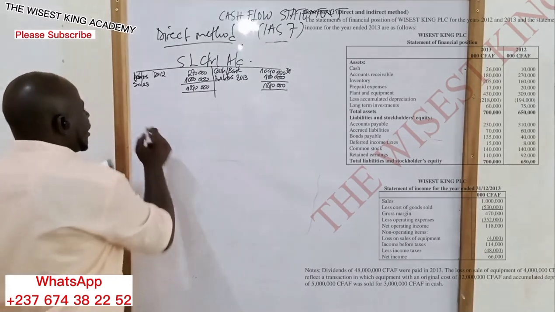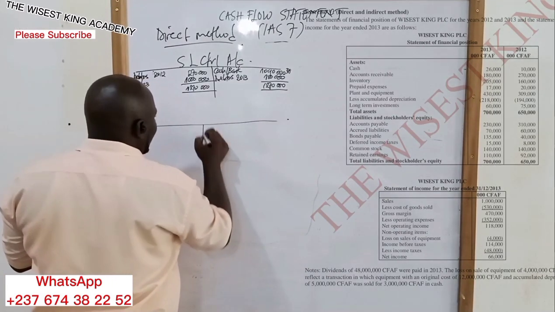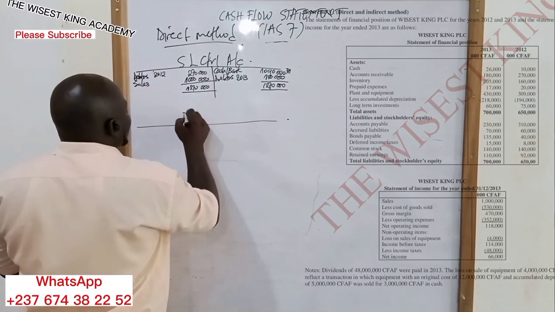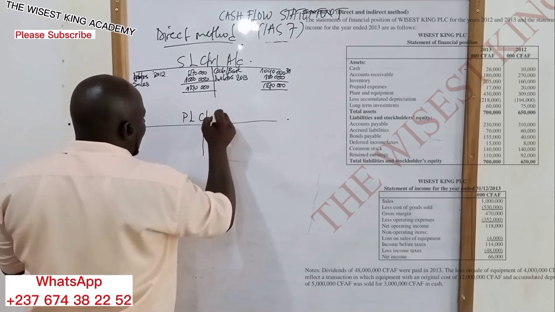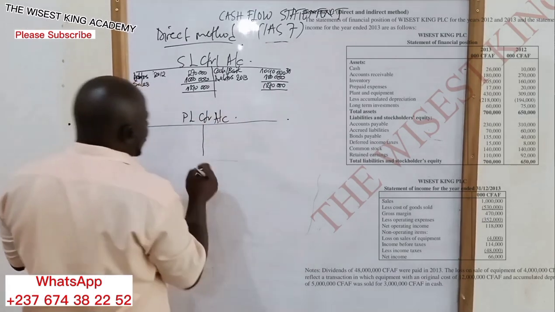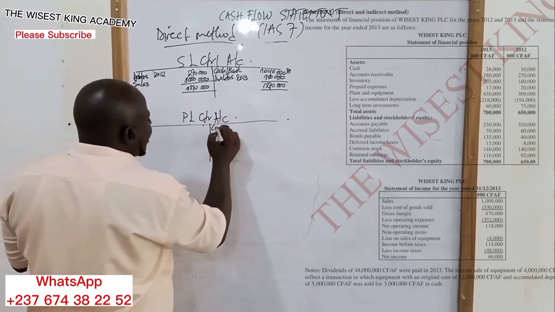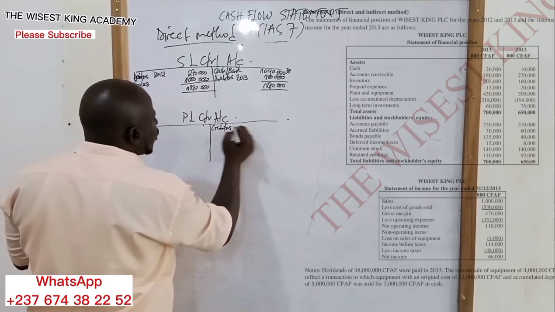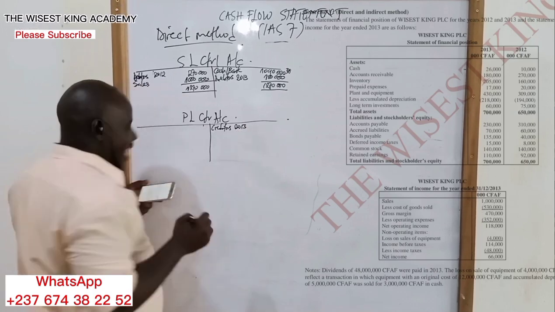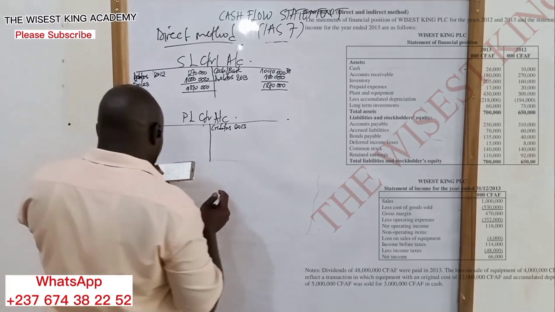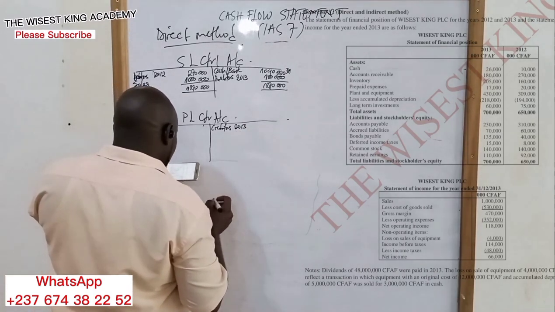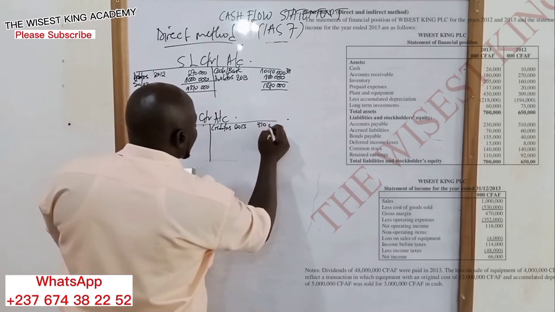Now, let's also determine the purchases ledger control account. We are preparing this to determine the value of cash paid to creditors. So we have creditors brought forward, creditors for 2012, that's accounts payable. Accounts payable for 2012 is 310,000.